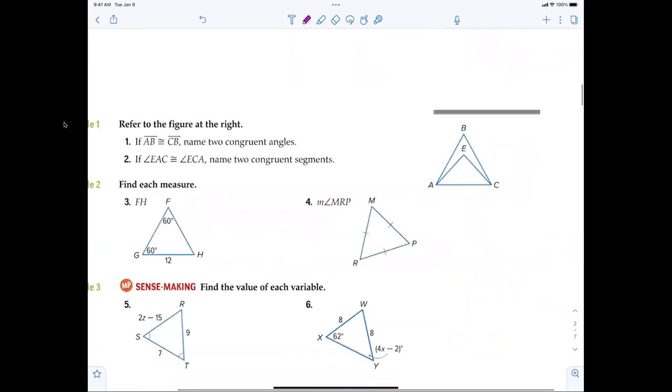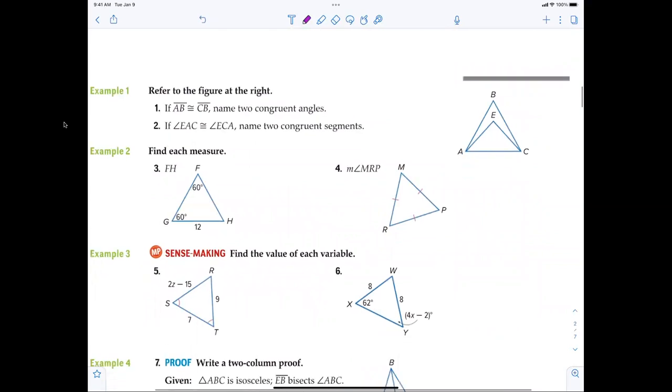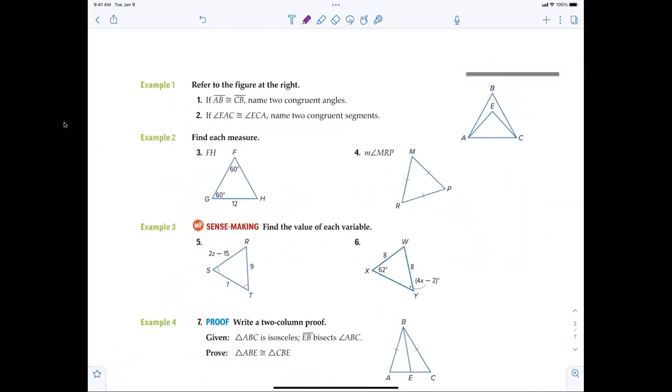So let's see what's going on here. Just to be sure, I even thought about skipping all this because I wanted to get right to the proofs, but I thought I better not. If AB is congruent to CB, then the two congruent angles are what? Come on, guys, we have to participate if we're going to get done.